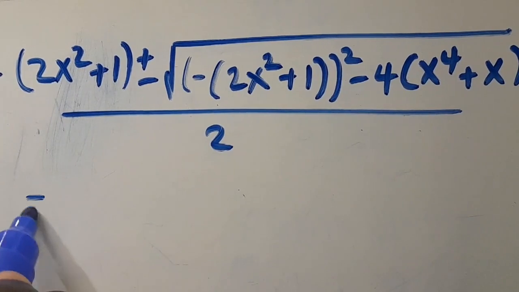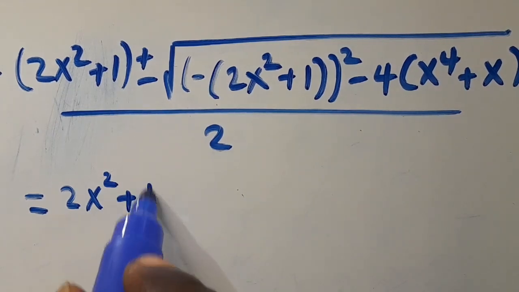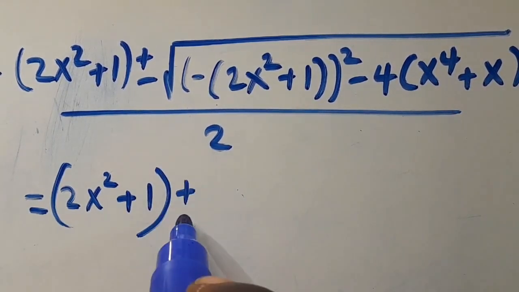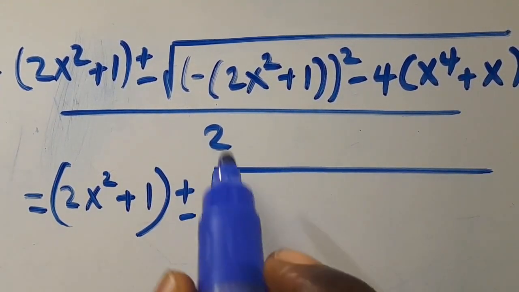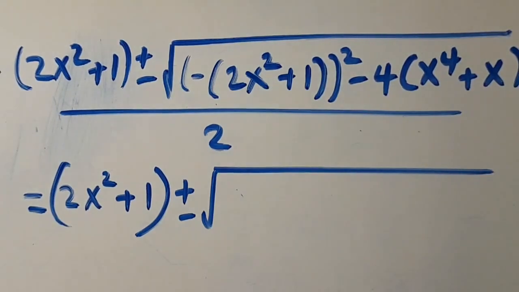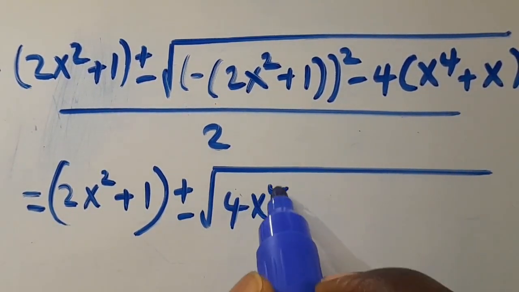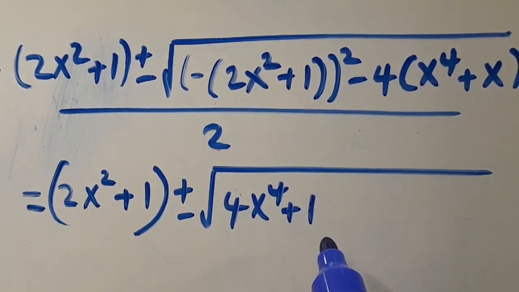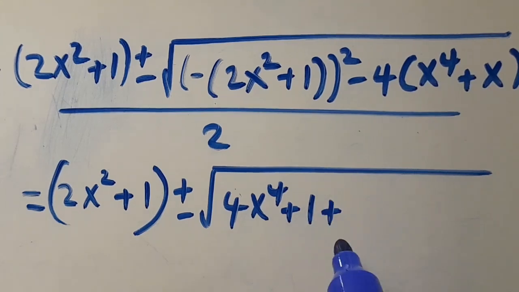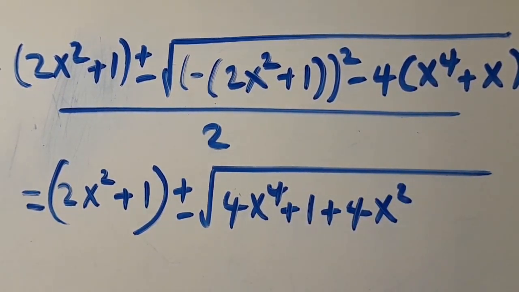Then let's simplify this expression. We have here 2x squared plus 1, then positive or negative, square root of this, which will be plus. Then when you take the expansion of this one, we are going to have 4x to the power of 4 plus 1 plus 4x squared.